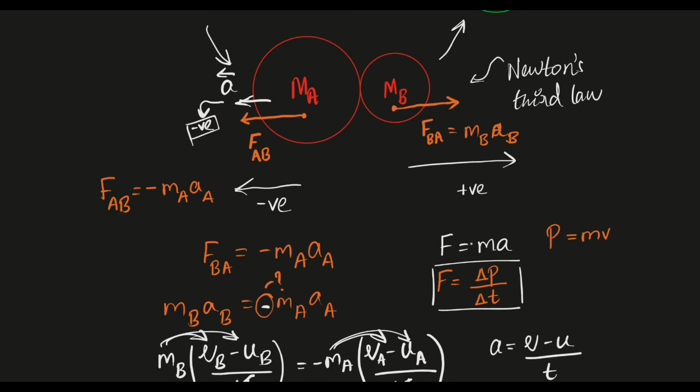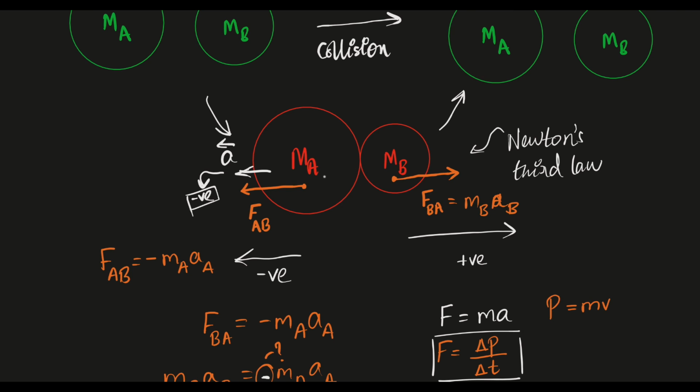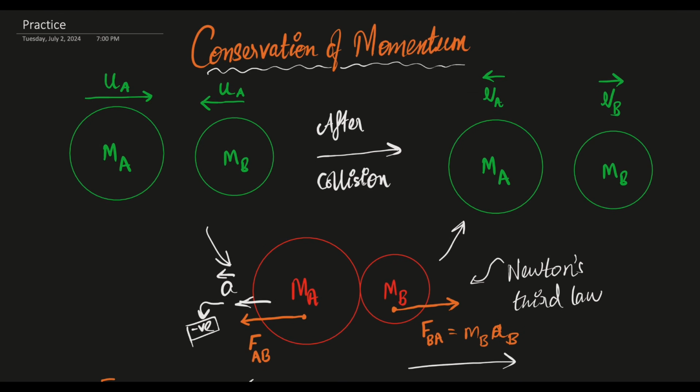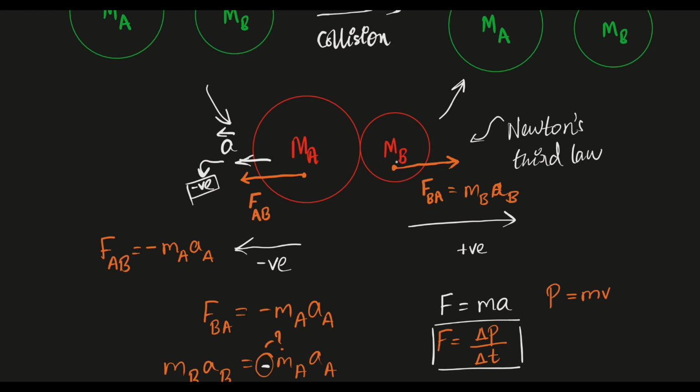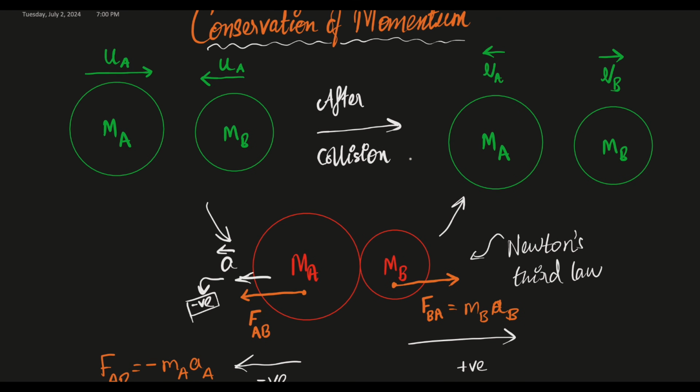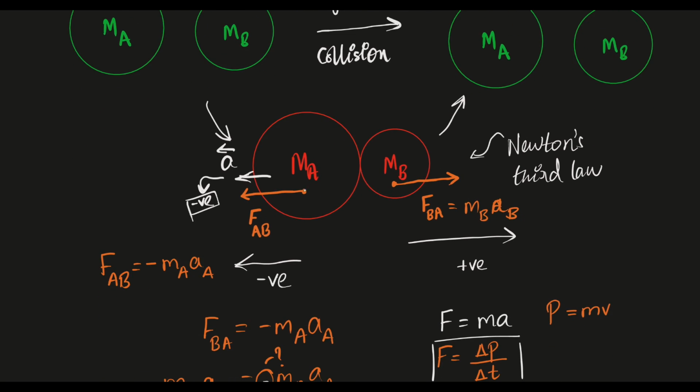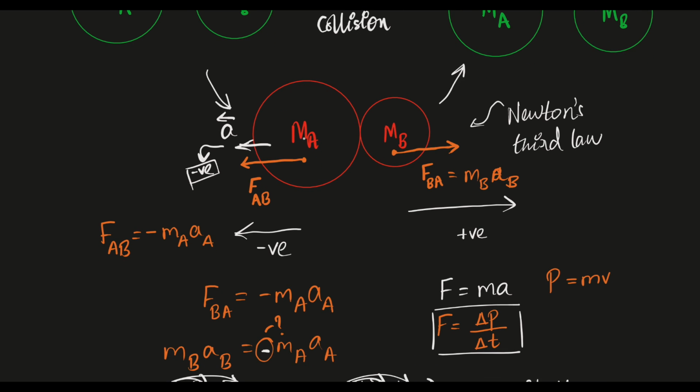So what did we do? We know that there's a change in momentum and we are dealing with momentum. So if there's conservation of momentum, that must be happening in the collision time, right? So in the collision time, the momentum of these two should be equal.